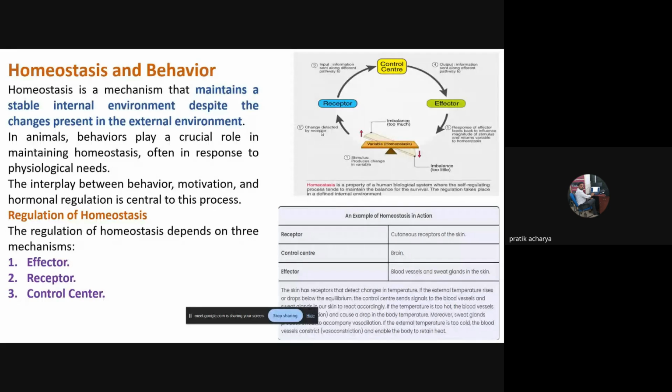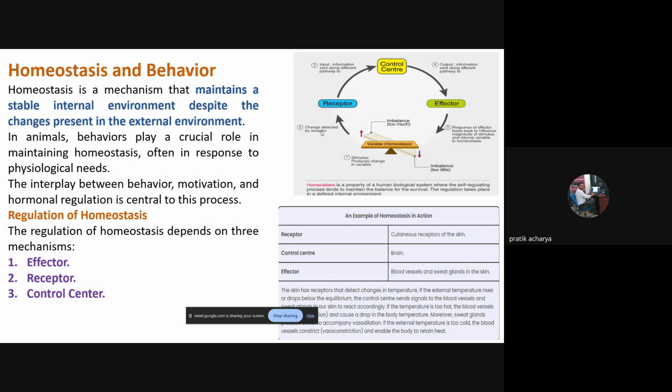Then the cutaneous receptors of the skin send the message to the control center, the brain, which starts interpreting those signals, what kind of signals the skin receptors are sending.